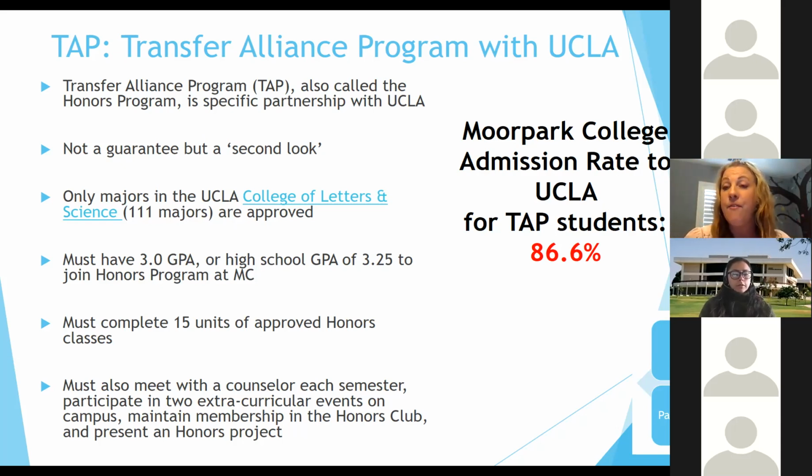So again, finding out through the community college about the honors program, that's an agreement with UCLA, and the honors will help you for all the other schools. I don't want to say it's just a benefit for UCLA. Obviously that would look good for applying to other UCs, but this is just that pathway where we do have a guarantee or a partnership with UCLA for you to declare a second major and have a second review in the application process.